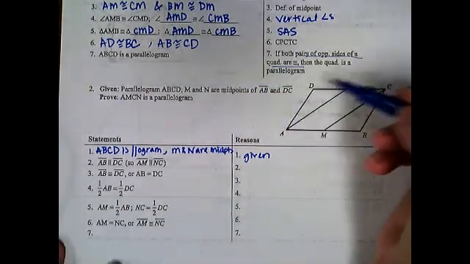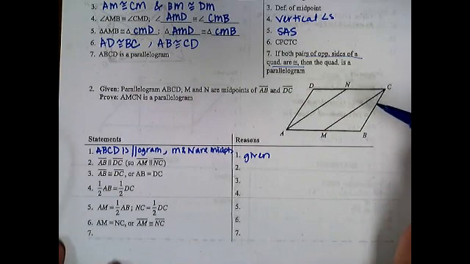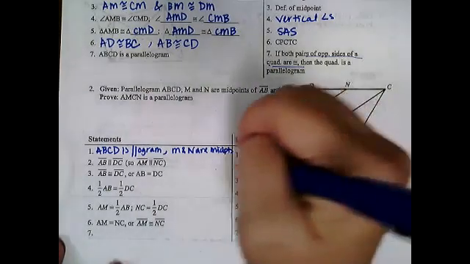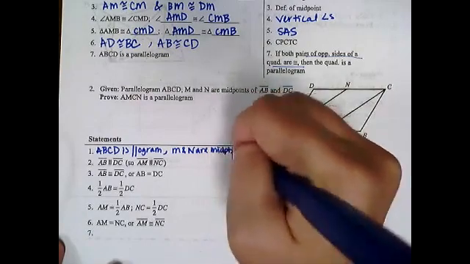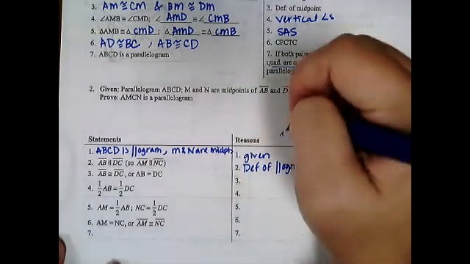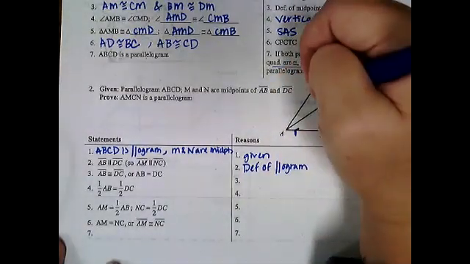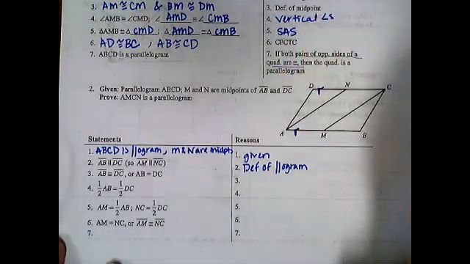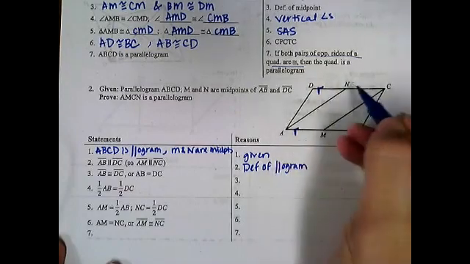AB is parallel to DC, and so AM is parallel to NC. This is the definition of a parallelogram. So we have AB is parallel to DC. So AM is parallel to NC.